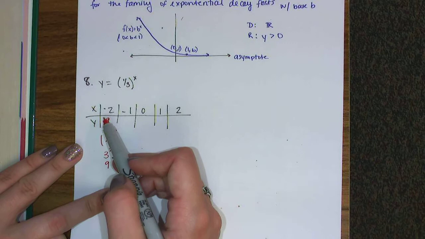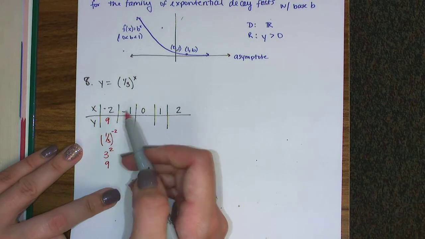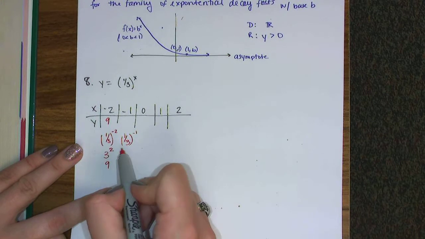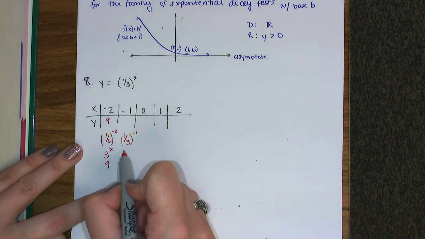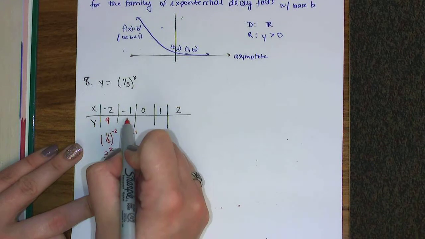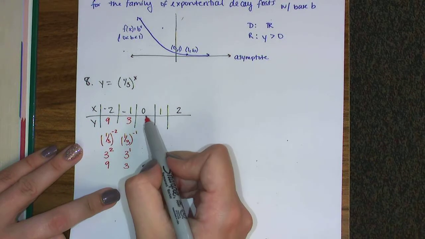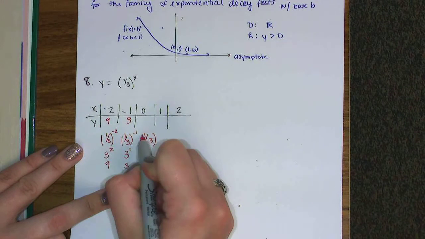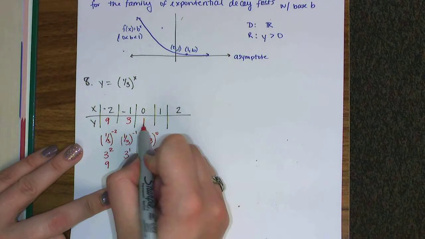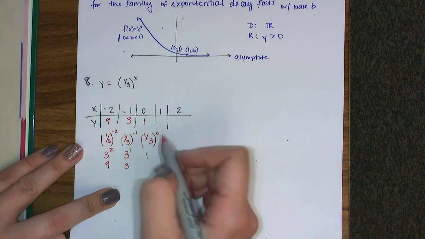So that's just 1. 1/3 raised to the 1 just stays 1/3. And 1/3 squared leaves the fraction as is, but the squared goes to both pieces. 1 squared is still just 1, over 3 squared is 9. So it's 1/9.